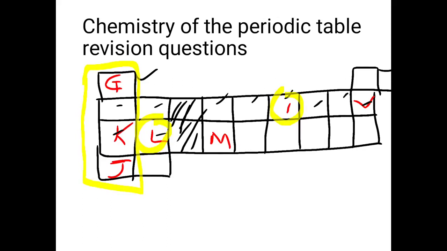So now that the atomic number is 12, it means that its electron configuration will be 2:8:2, and that means that its valency in this case is 2.